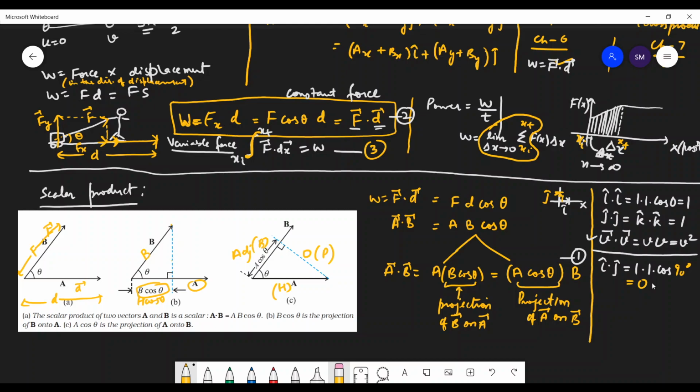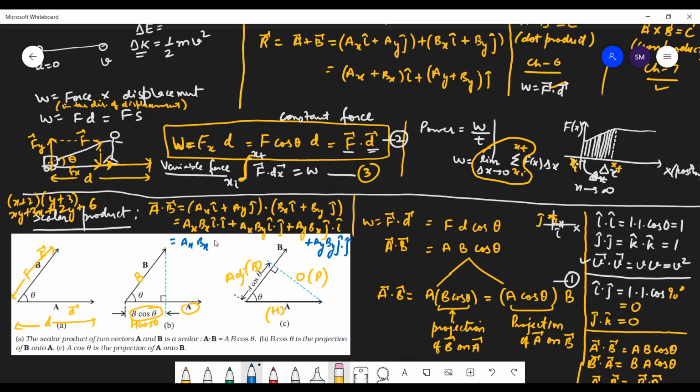So what will I get? i dot i is 1, so this is ax bx plus, what is i dot j? i dot j is 0. So this is 0 plus j dot i, which is the same as i dot j because a dot b is equal to b dot a. So j dot i is again 0.